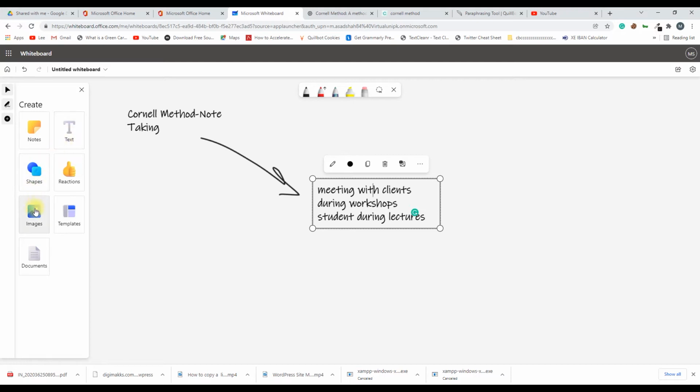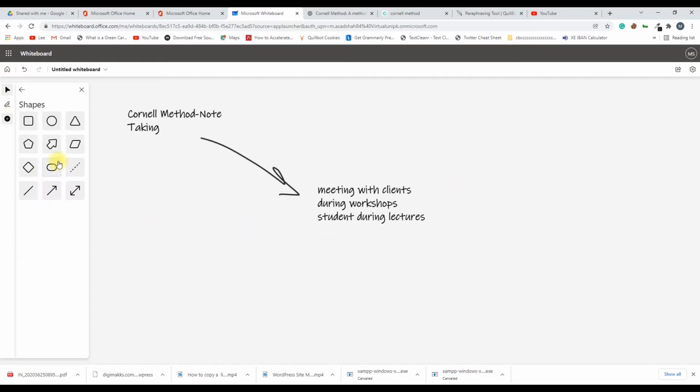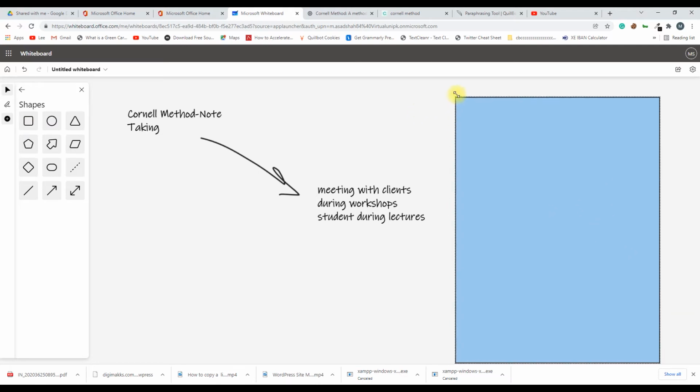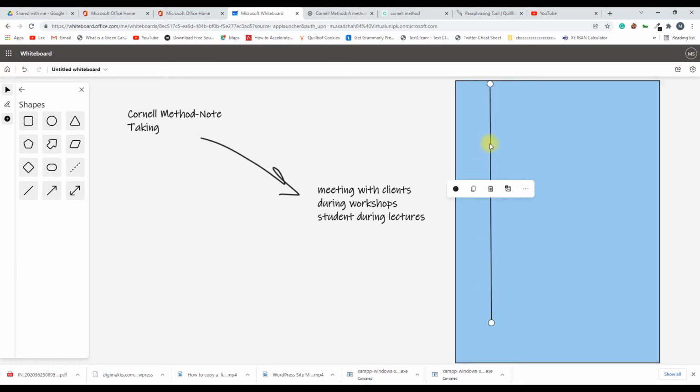So what we do is we have a page, let's suppose this big, and we draw a line that is almost 7 centimeters wide, and we have another line at the bottom of the page.